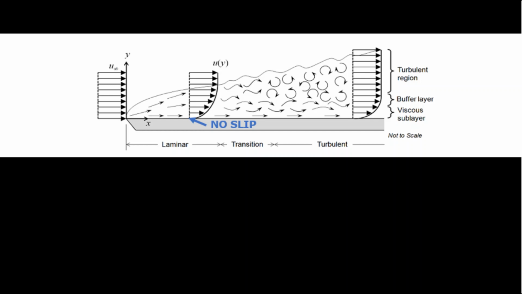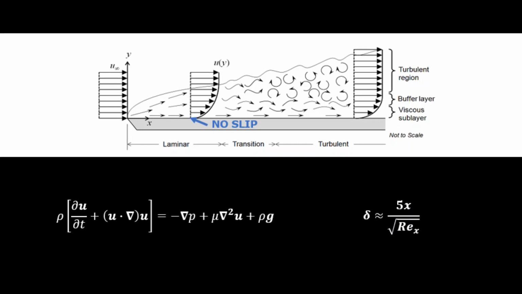Indeed, one could estimate the increase in thickness of such a boundary layer just by solving the Navier-Stokes equation in that region. We're not going to do that, but I can provide you with some resources to see how to solve this complex equation in the laminar boundary layer region. So if you solve that equation, you would get what is called the Blasius solution to the Navier-Stokes equation.